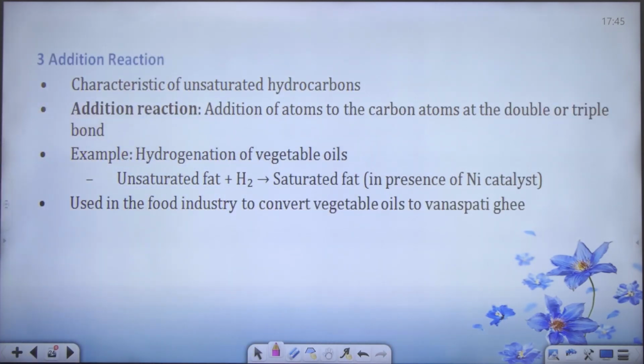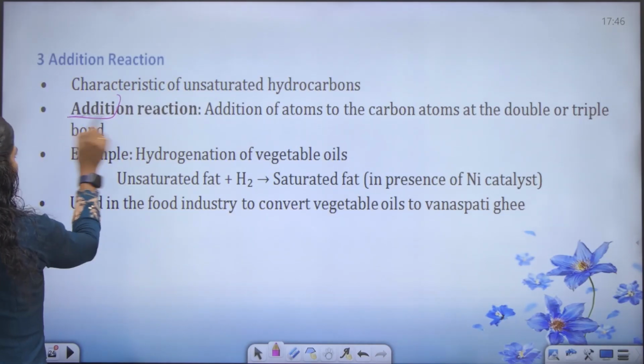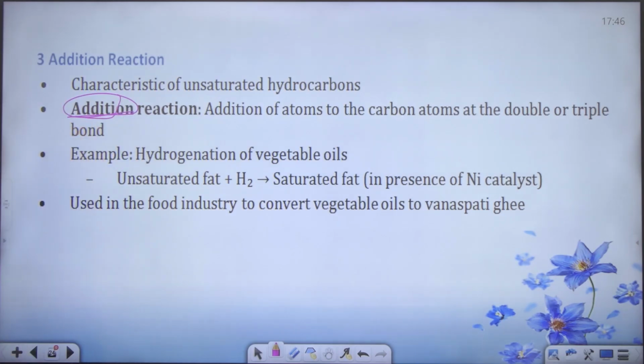And next one, addition reaction. Addition reaction is a characteristic of unsaturated hydrocarbons. Addition reaction means addition of atoms to the carbon atoms at the double or triple bond.